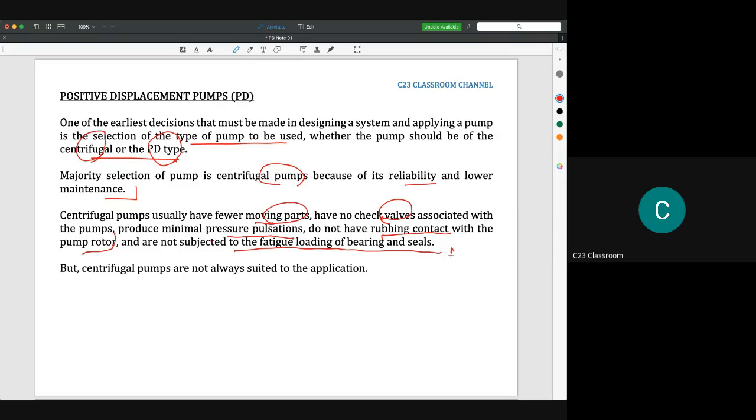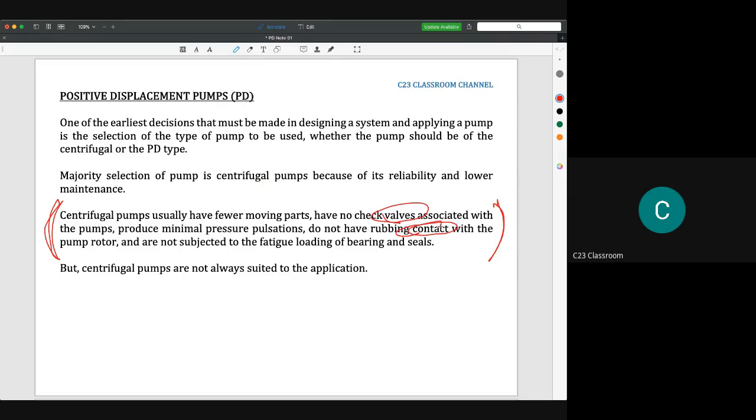So please remember this statement, because I will not explain it now, since you don't see any type of positive displacement pump yet. But please refer back to it when I show you a few examples of positive displacement pumps, because you could see that they have a valve and rubbing contacts.